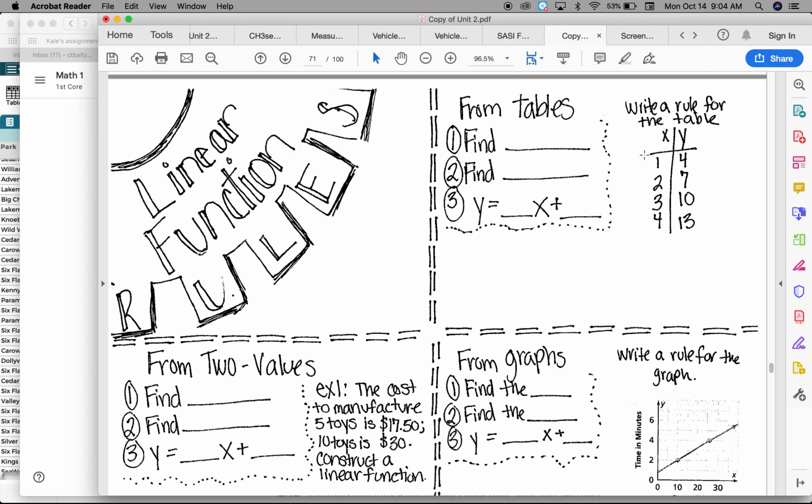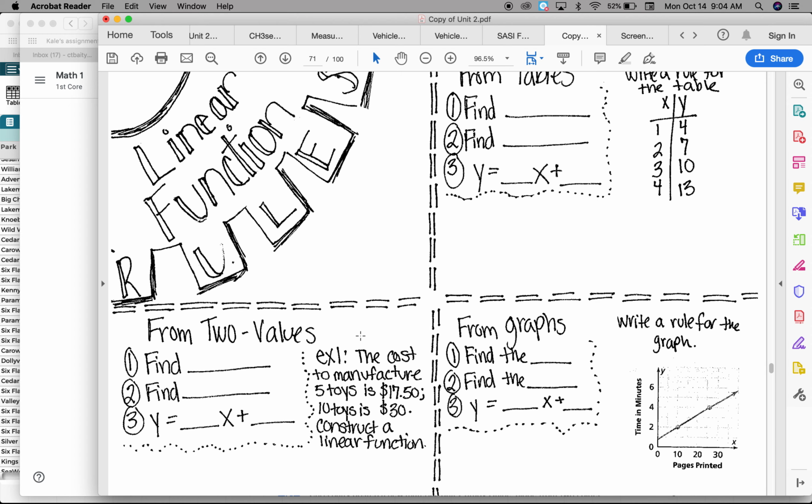So I recognize if I go back to 0, when x is 0, that's when I have my y-intercept. I know that my y will be 1. So my equation here is going to be y equals 3x plus 1. Again, that's y equals 3x plus 1.